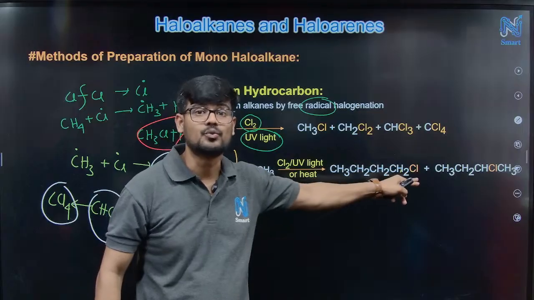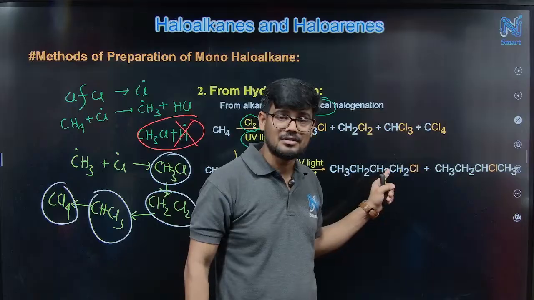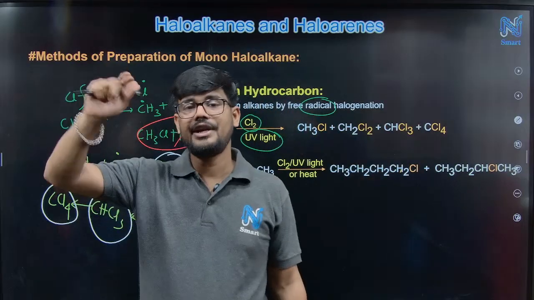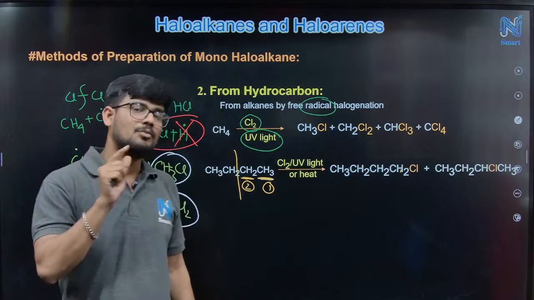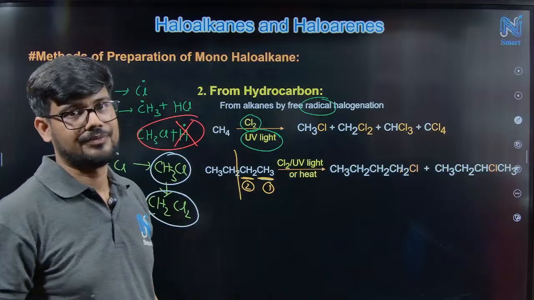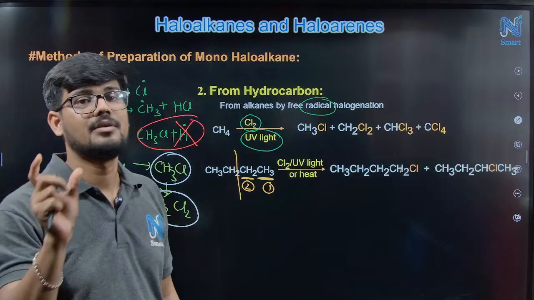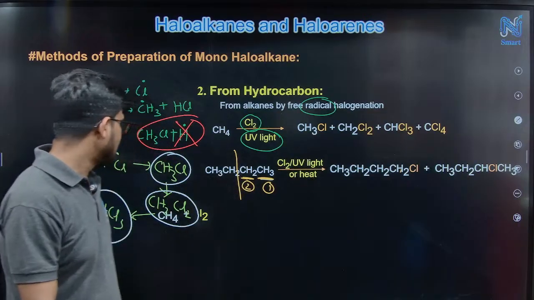The answer will be 2, because I said monochlorinated. If I say dichlorinated or trichlorinated, then the answer will be different. But in most cases the question will ask monochlorinated product. So here the answer will be 2. Okay, next.